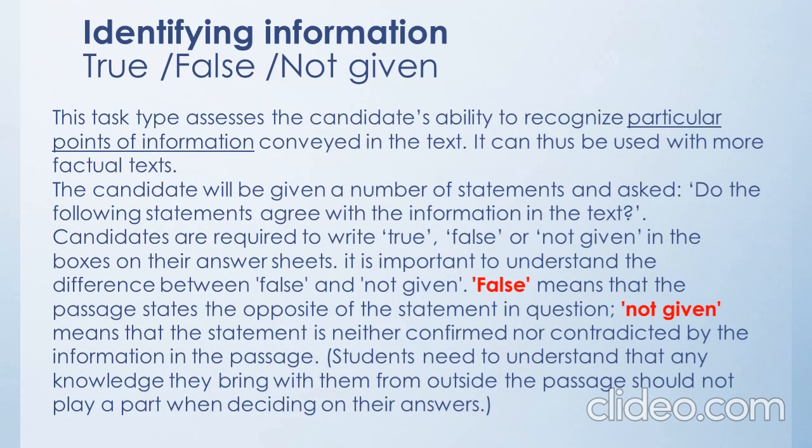And here is the last thing about not given: you need to understand that any knowledge that you bring from outside the passage should not play a part when deciding on the answers. So it means, don't base it on your general knowledge. You need to be exact according to the passage text.